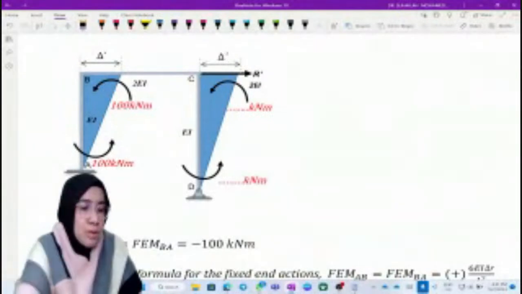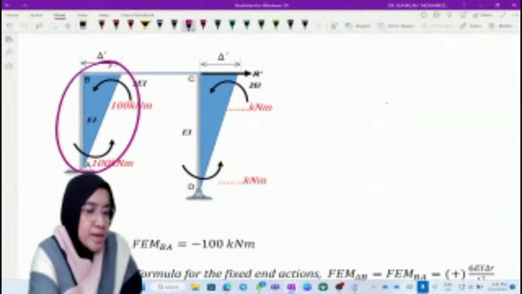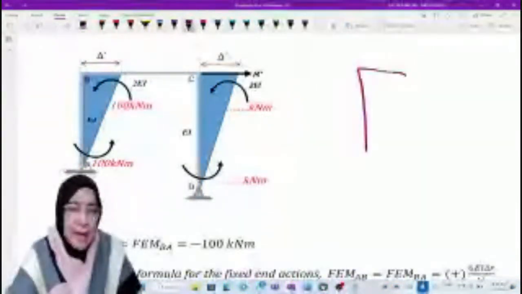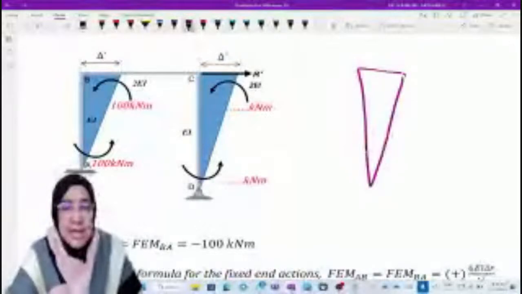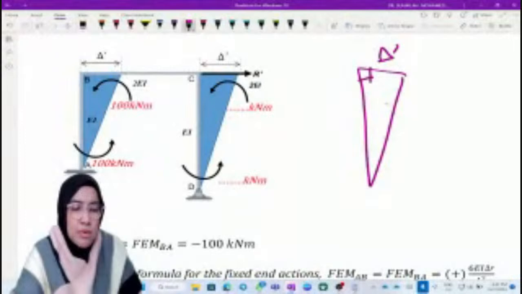So we choose AB to be assumed. Look at the behavior. This is perpendicular, this is delta prime, moving to the right direction.